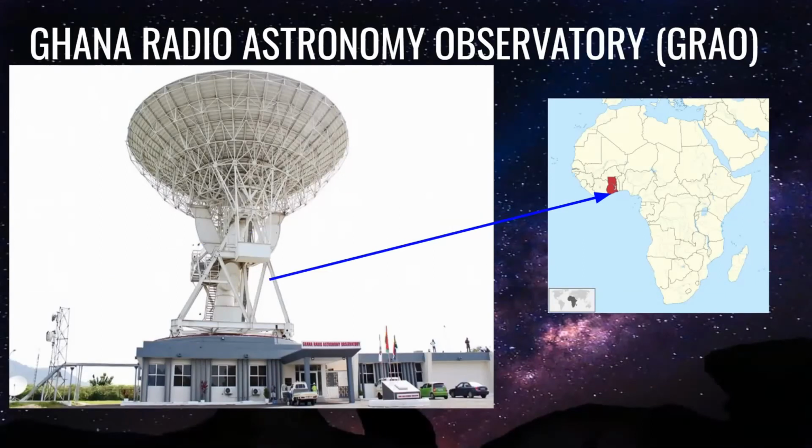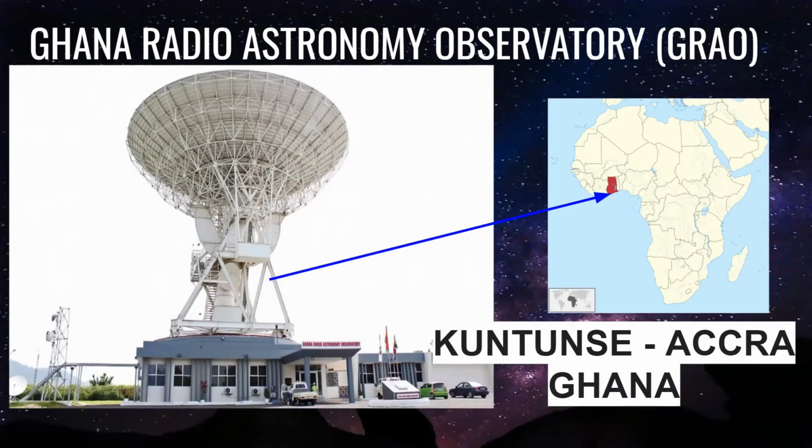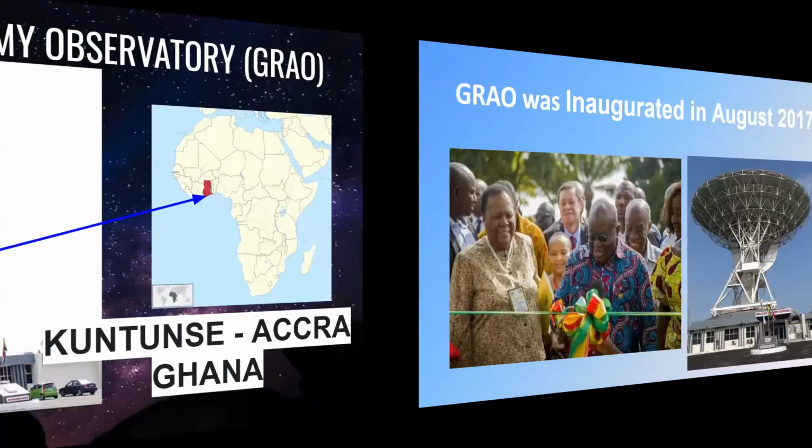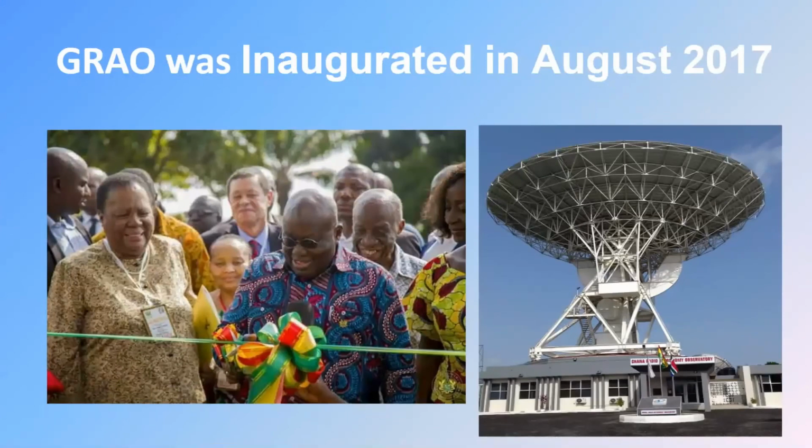Now, we'll talk about the Ghana Radio Astronomy Observatory, GRAO, located in Ghana, near the capital city, Accra, in Kutwese. GRAO was inaugurated in August 2017 by the President of the Republic of Ghana, assisted by the then Science and Technology Minister of South Africa.